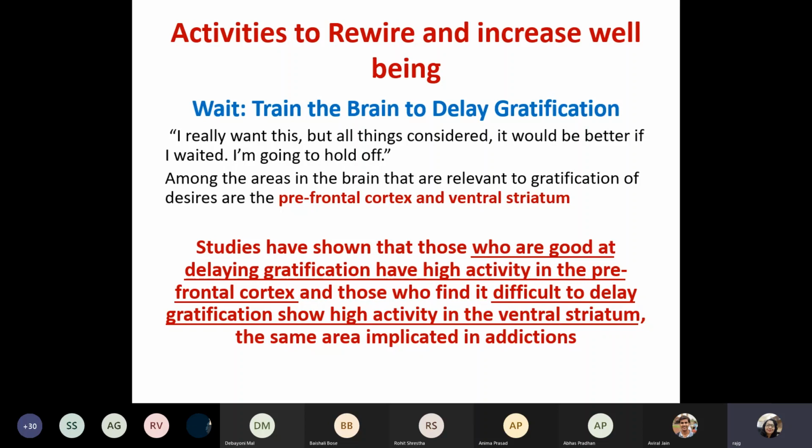But there's also another thing that develops with delayed gratification, that is a sense of self-control. So if you develop a sense of self-control, you feel good about yourself. It's a very subtle way of feeling good about yourself, that, well, I can deal with things. I can deal with my impulses. So this is a very good habit that you can develop.